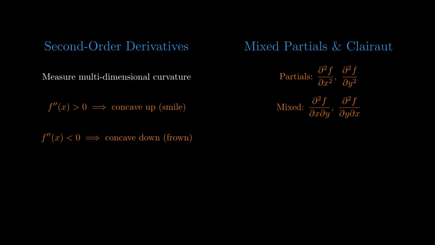By Clairaut's Theorem, assuming our function is sufficiently smooth, the order of mixed partial derivatives does not matter, meaning the partial derivative with respect to x and then y is equal to the partial derivative with respect to y and then x. When we gather all these second-order partial derivatives into a square matrix, we get the Hessian matrix.